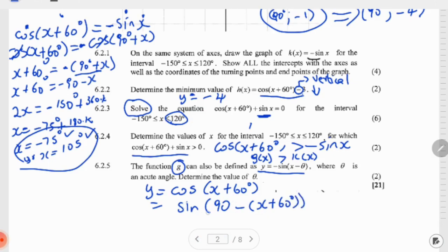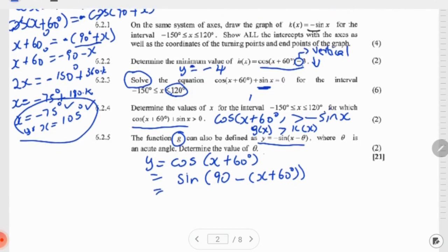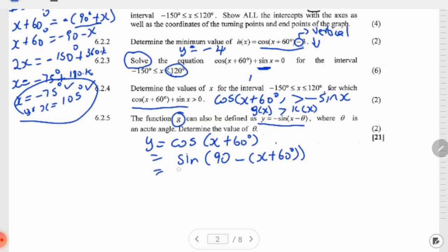Okay, so we know sine of 90 minus will be a cos. So what are we then going to have? We will have sine of 90 minus 60, which gives us 30, and then we have minus x.